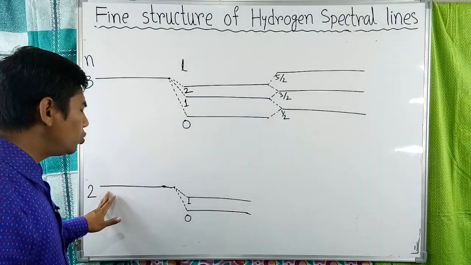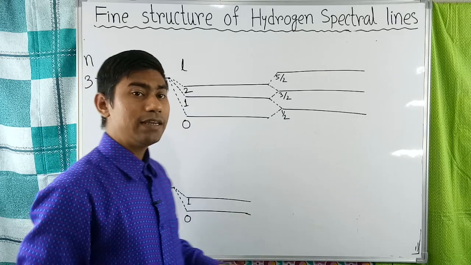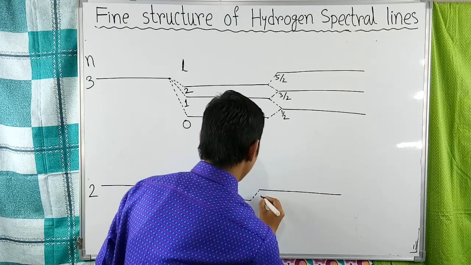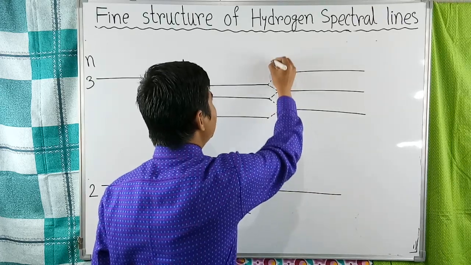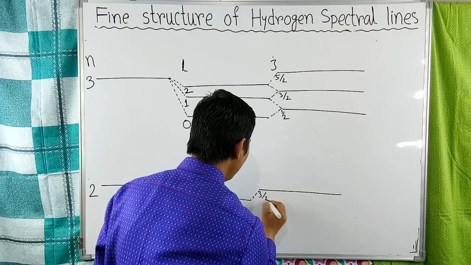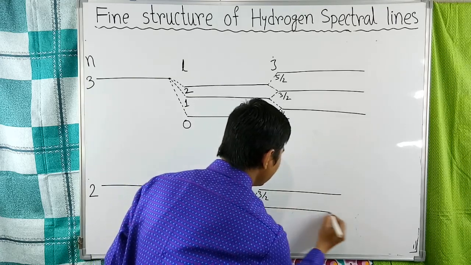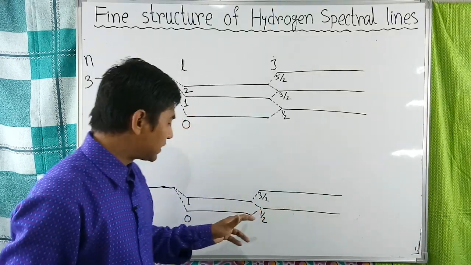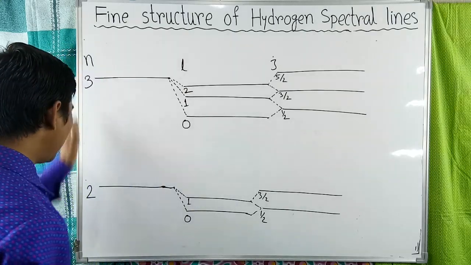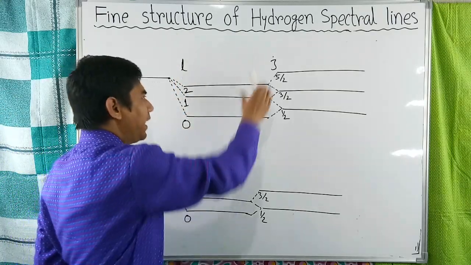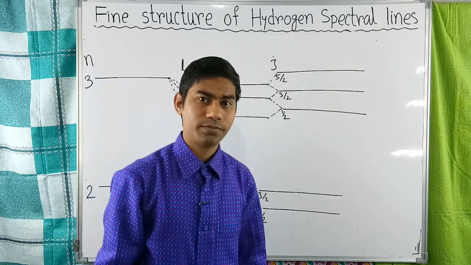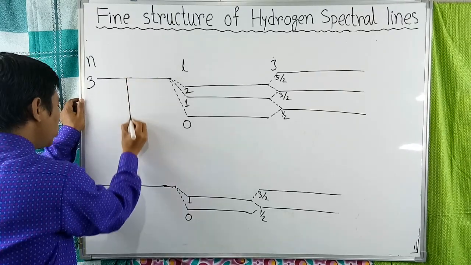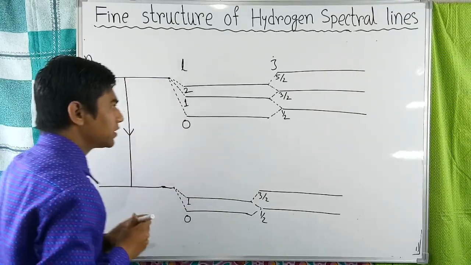Similarly, for n equals 2, the L equals 1 level is divided into 2 sublevels. This is the value of J, J equals 3/2 level, and this is the coincident energy level for the 2p 1/2 and 2s 1/2 levels. So these are the values of L, and these are the values of J.